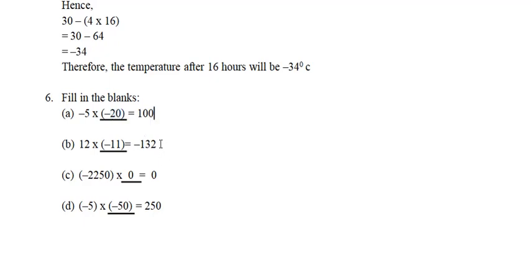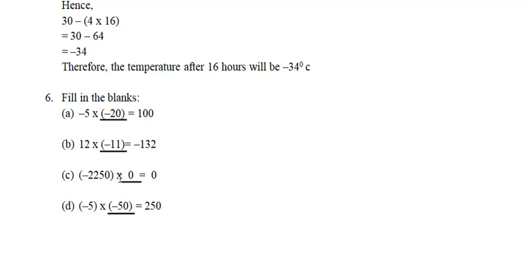Similarly, there is 12 into dash equals minus 132. Just divide 132 by 12, you will get 11. Your answer should be negative, and this 12 is positive, which means this number should be a negative integer. And your answer out here in question number C is 0.